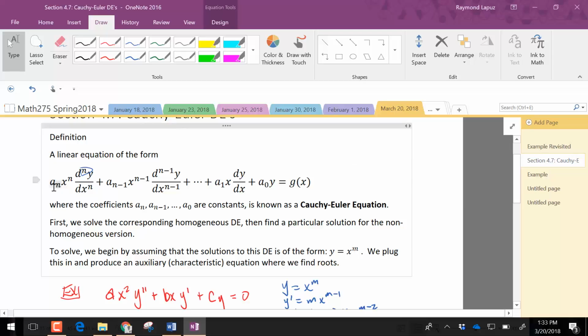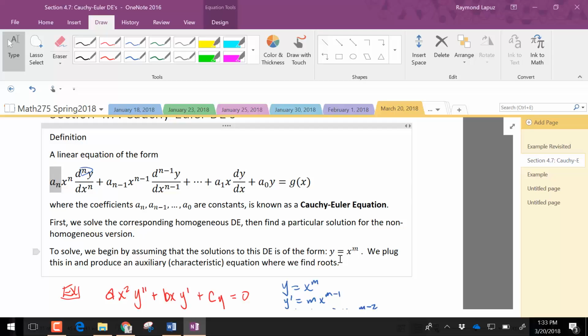The a's are constants, but then next to the a's is x to some power. Again, this is a specialized type of differential equation. It's specialized because those power functions, the x to the 1, x to the 2, x to the 3, are next to the derivatives with the matching derivatives and powers.